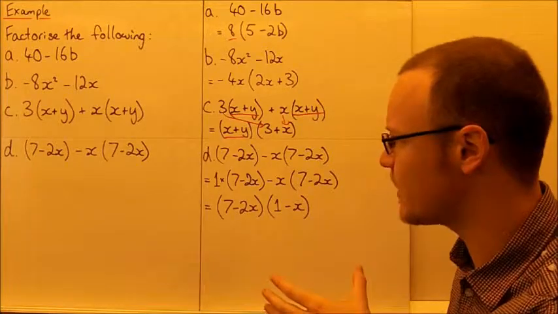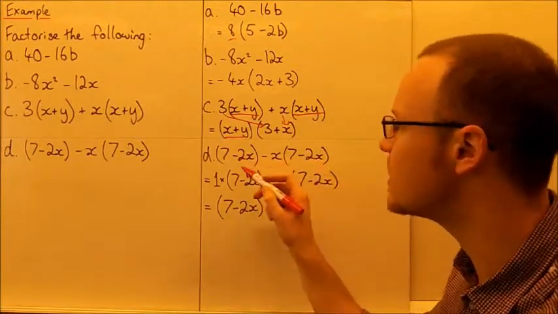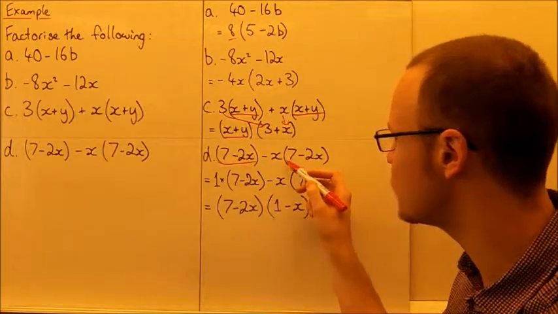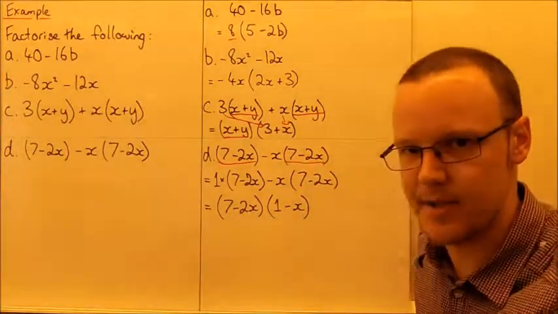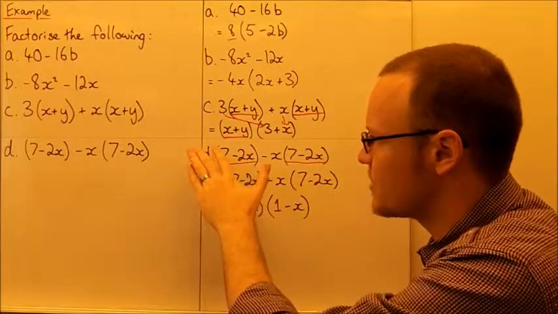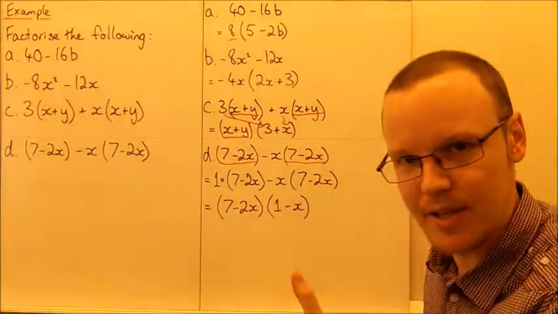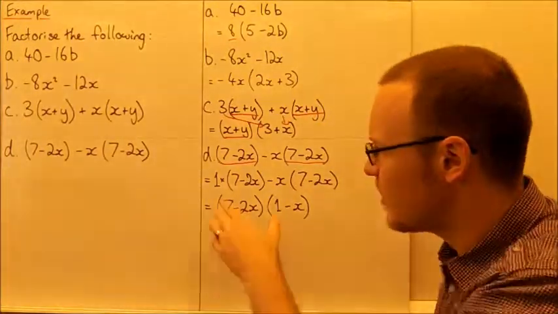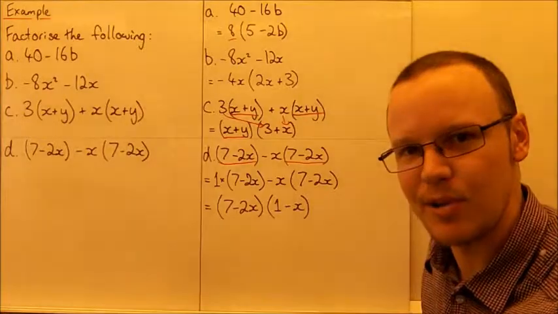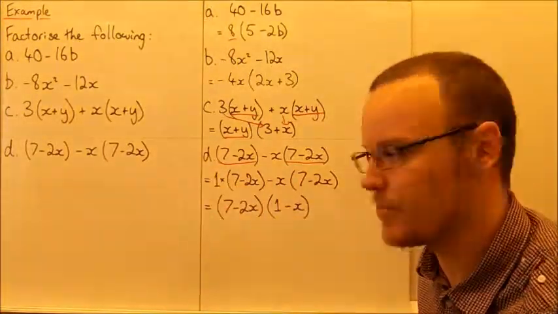It's pretty clear that both of these terms here have 7 minus 2x as their highest common factor. However, it's not very clear exactly what is multiplied by the 7 minus 2x, what the component that's left over is going to be. But we know that if it's not multiplied by anything else, then it's the same as multiplying it by 1.